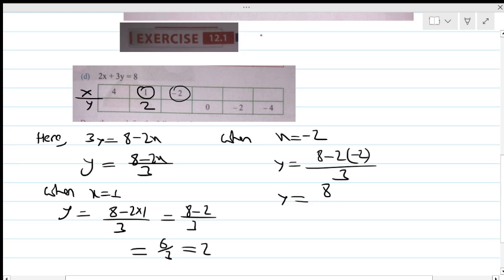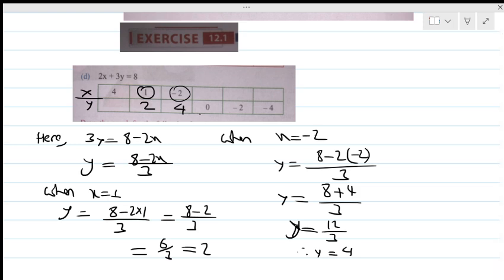You see double minus here, minus 2 and minus 2, so minus and minus multiply to get plus. So 8 plus 2 into 2 is 4, by 3. So y equal to 8 plus 4 is 12, 12 by 3, so y equal to 4. So when x is chosen as minus 2, its respective value of y is 4. This way we have completed finding the corresponding value of y when the value of x is given.